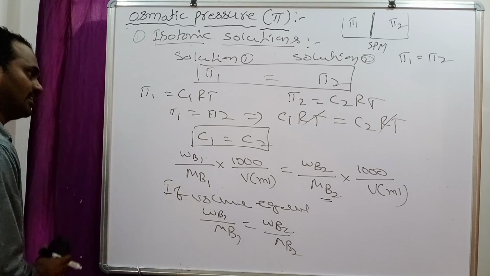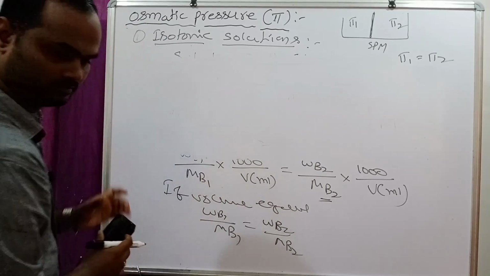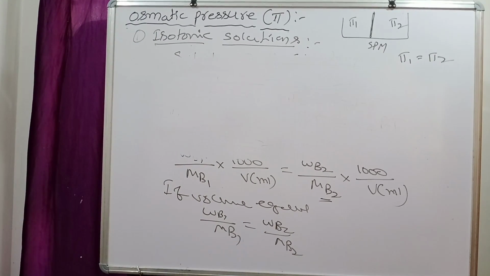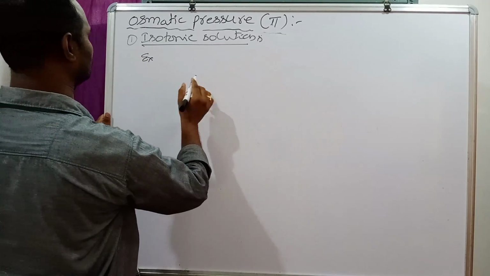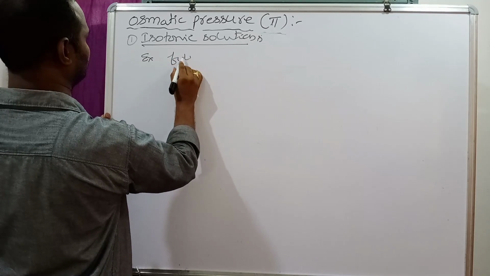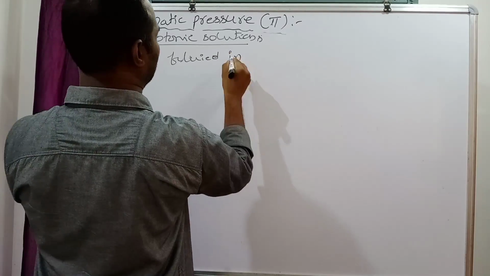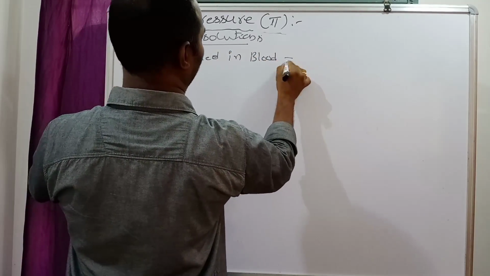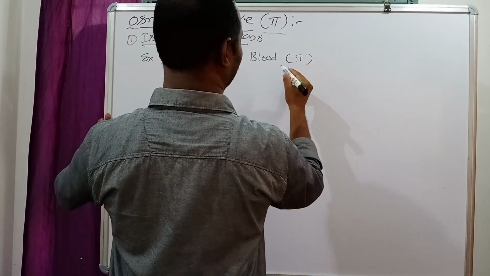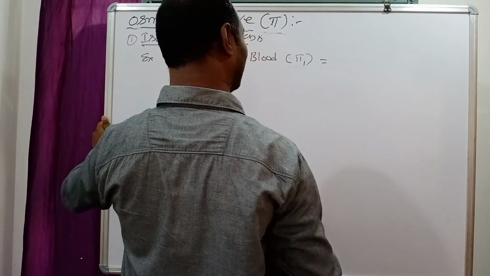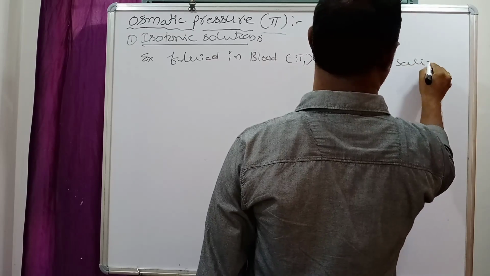So carefully see, the best example for this. Example for isotonic solution: the fluid present in blood, its osmotic pressure I consider as pi 1. It is equal to normal saline.